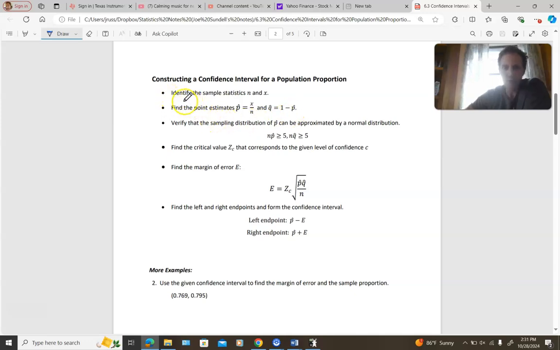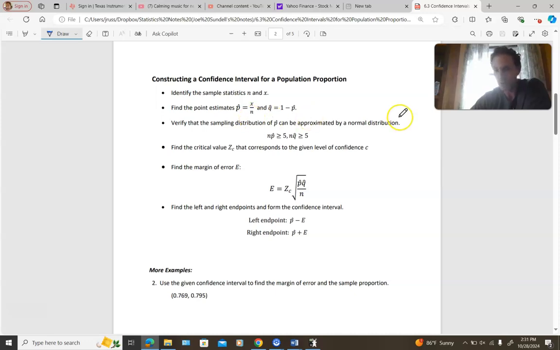Okay, so first thing we want to do is we need to find our point estimate, okay? So we'll do that. And then I didn't really talk about this, but it says verify that the sampling distribution of p hat, similar to the sampling distribution of all those theoretical sample means, like if you were to take a bunch of samples, how is that actual sampling mean distributed?